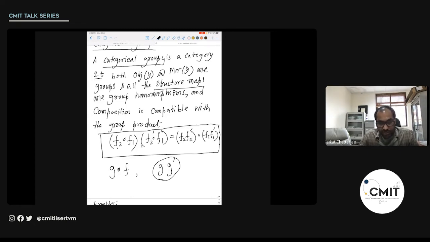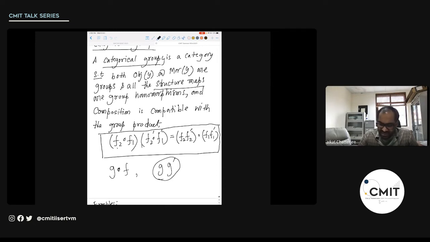Of course this group product makes sense because it is the group product in the group of morphisms. This should be the same as, basically it is called the exchange law, you can exchange F2 and F2 prime and F1 and F1 prime. Then you can write F2 group product F2 prime, composed with F1 group product F1 prime.